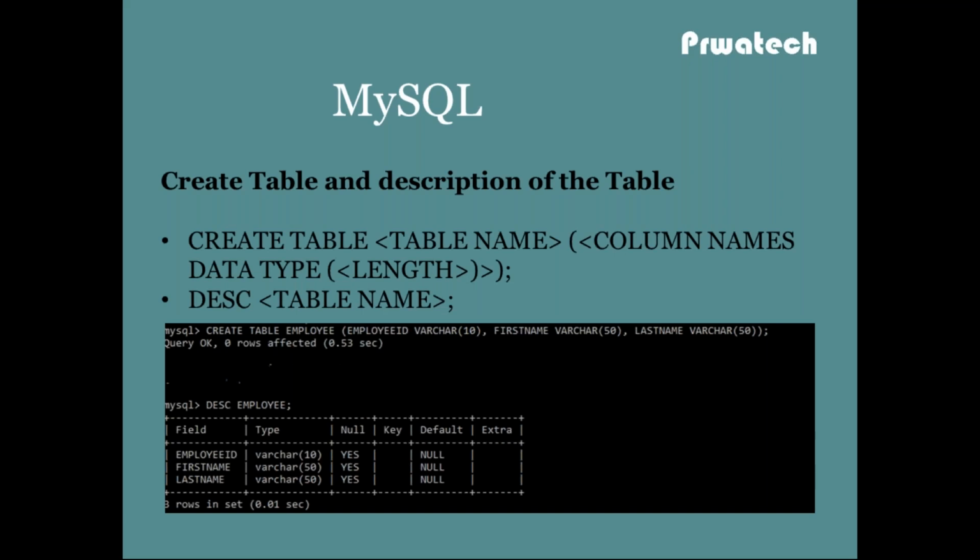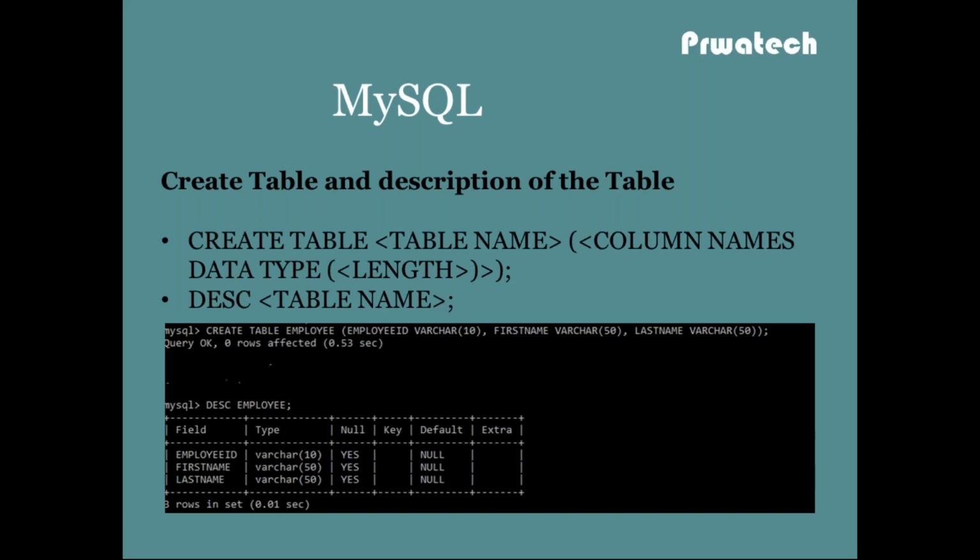For some data types, for example varchar or char, we also include the length within brackets, and then we end the syntax with a semicolon.